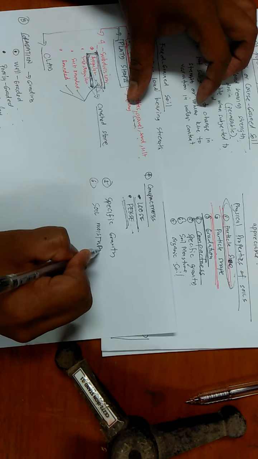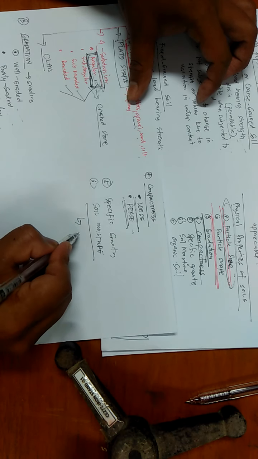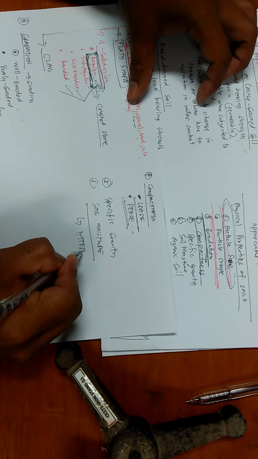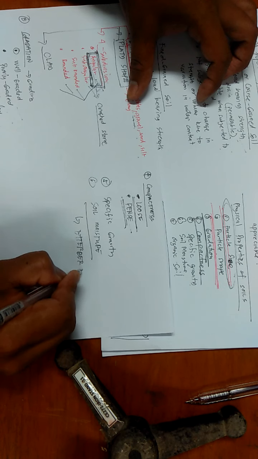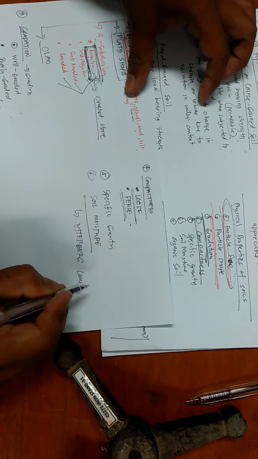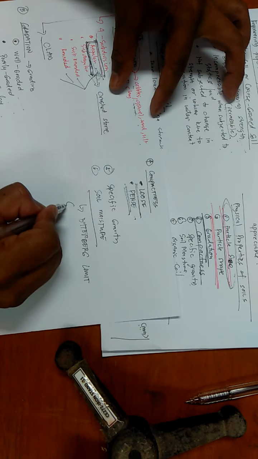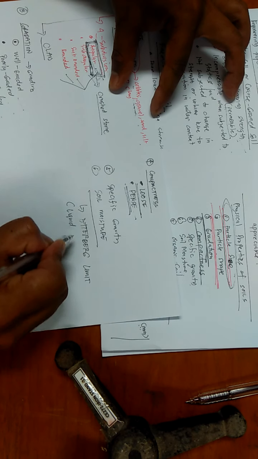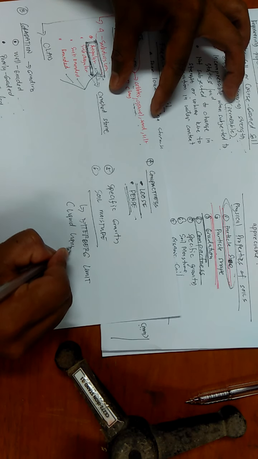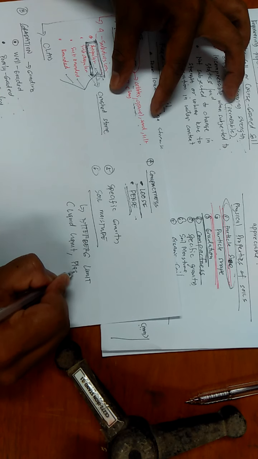Here comes what we call the Atterberg limits. Actually, the Atterberg limits are the composition of your liquid limit and of your plastic limit.